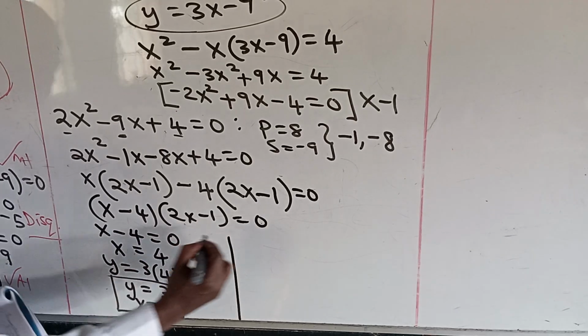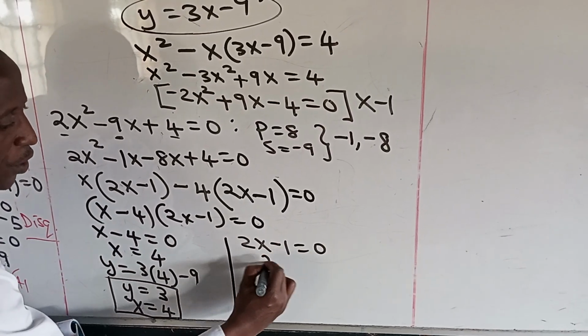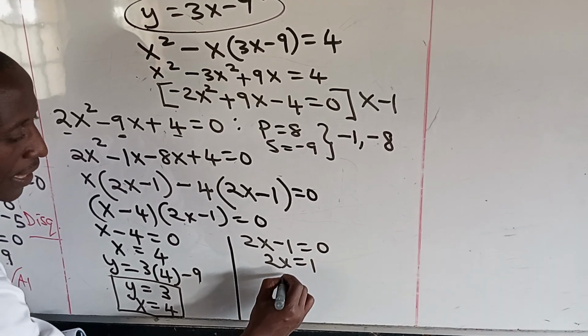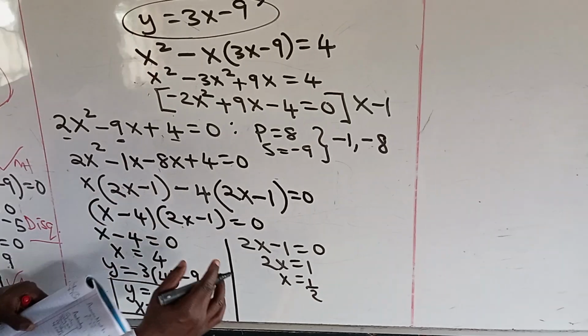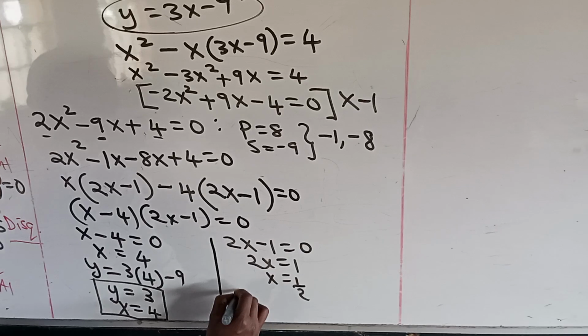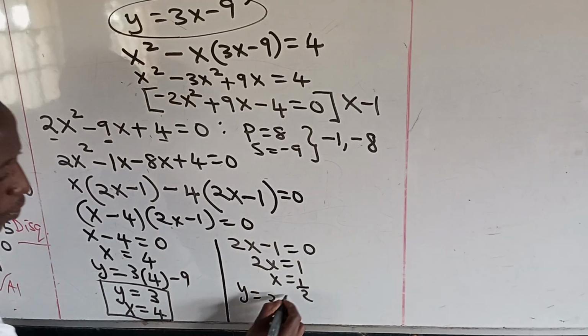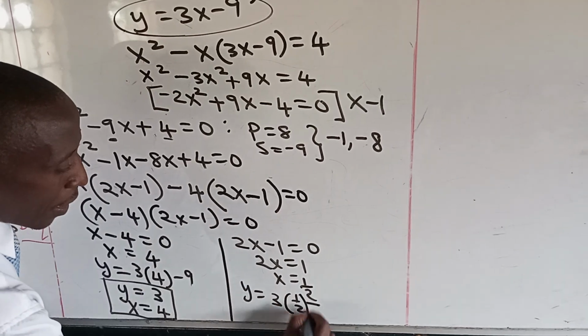We come to this other part. 2x minus 1 is equal to 0. Therefore, 2x is equal to 1, and therefore, finally here we get that x is equal to a half. We need to work out the value for y, and we had been given that y is equal to 3 times the value of x, which is a half, minus 9.